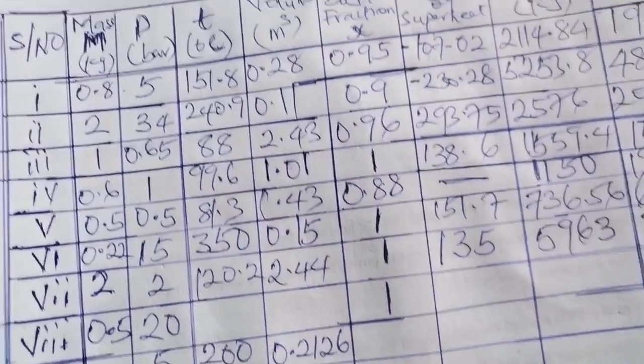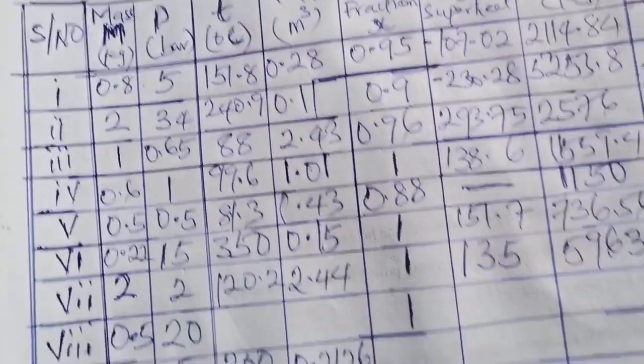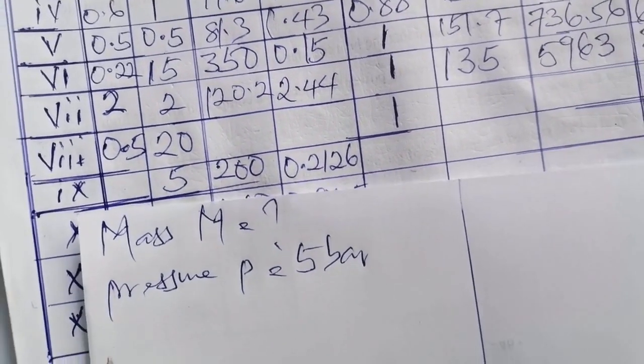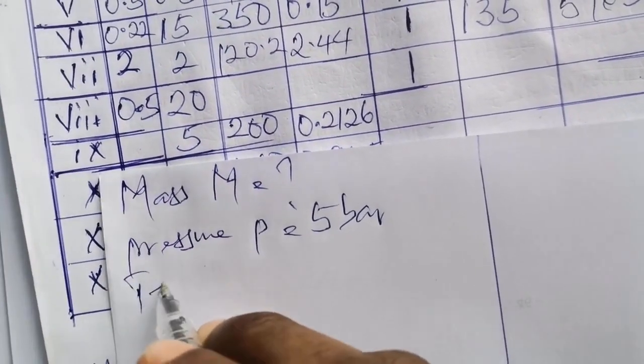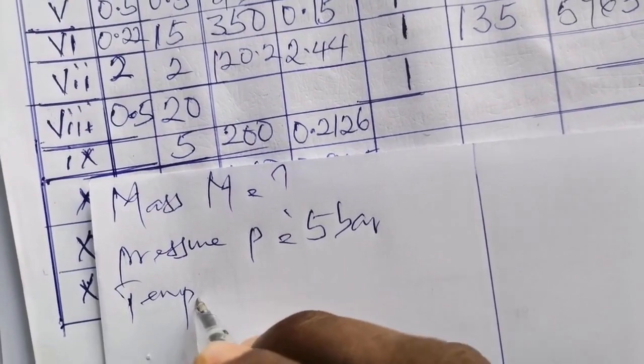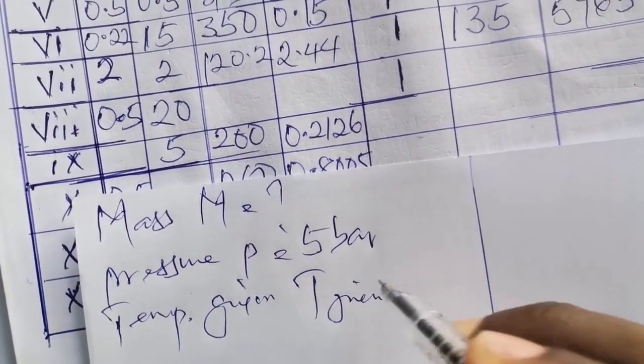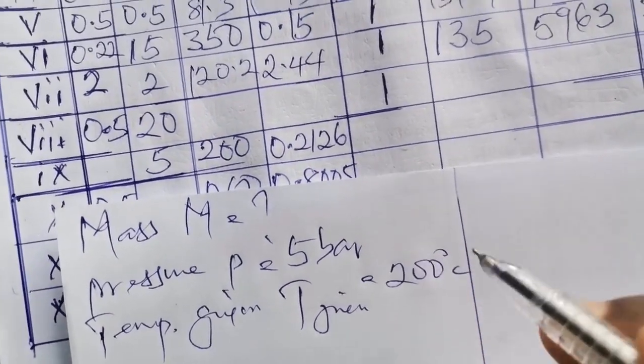What else? We are given temperature, 200 degrees Celsius. T given equals 200 degrees Celsius.